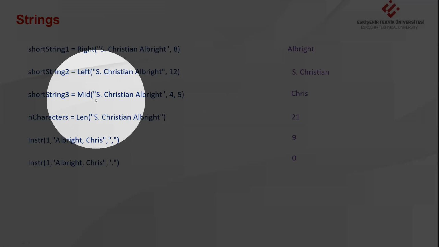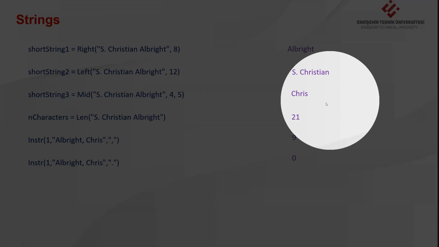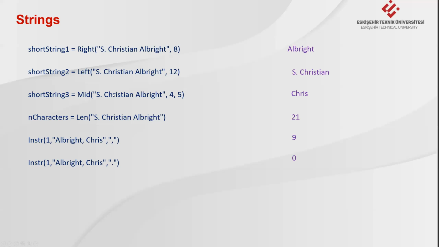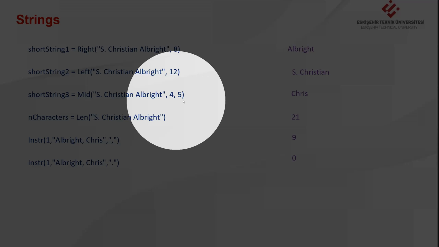It starts from one, two, three, four. The fourth one is the C in here, because of that it started with C, and we're going to go five characters. So your Mid function will produce Chris in here.